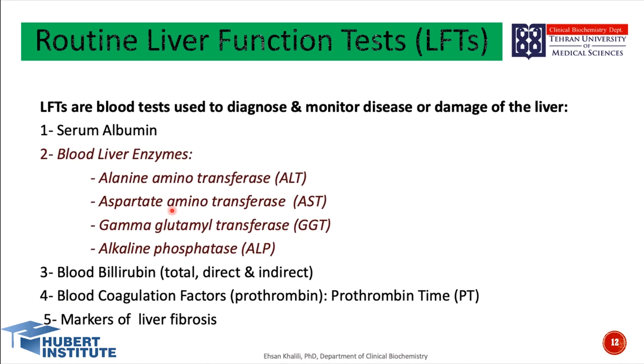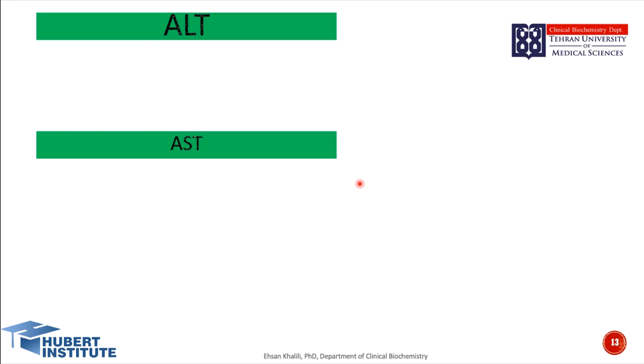So we have two enzymes, ALT and AST, alanine aminotransferase and aspartate aminotransferase. They are a coupled pair of enzymes. In most requests, they are essential for assessing liver function. ALT and AST are transaminases, with enzymatic activity belonging to the class of transferases.